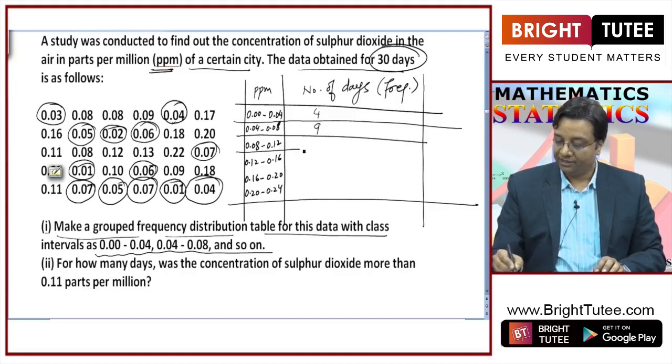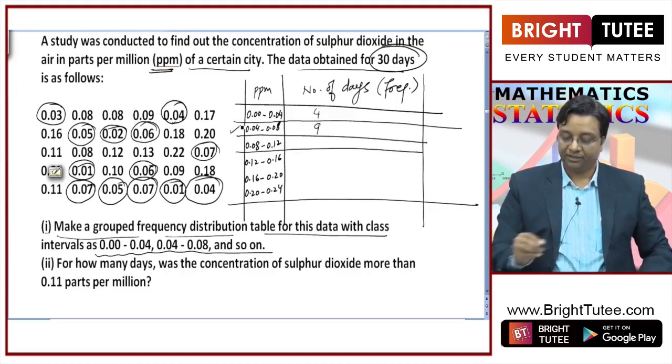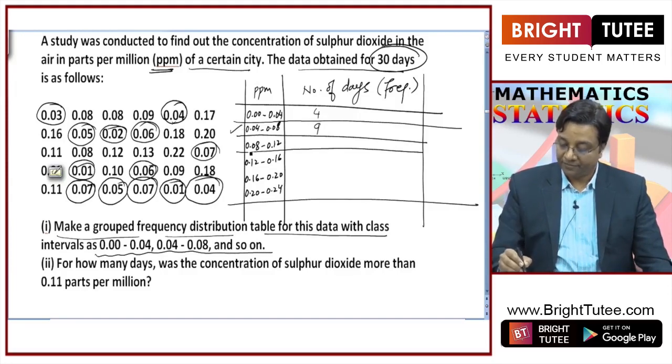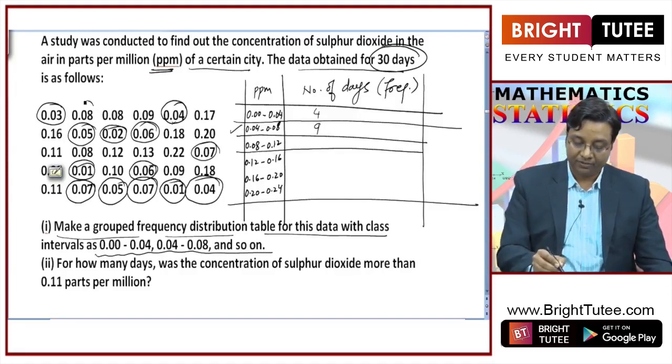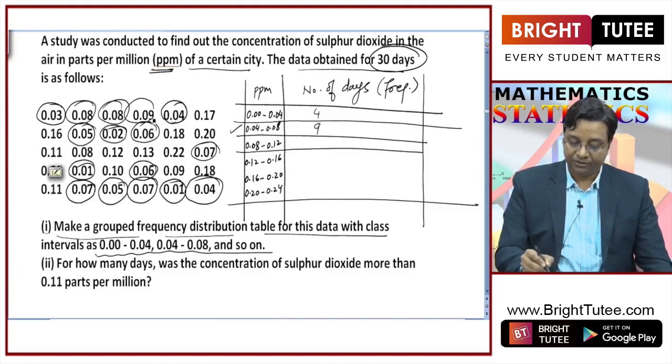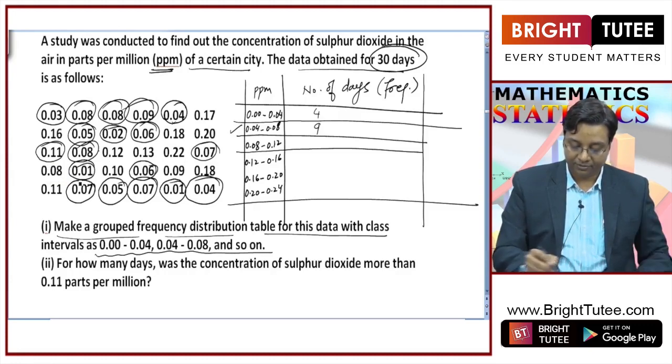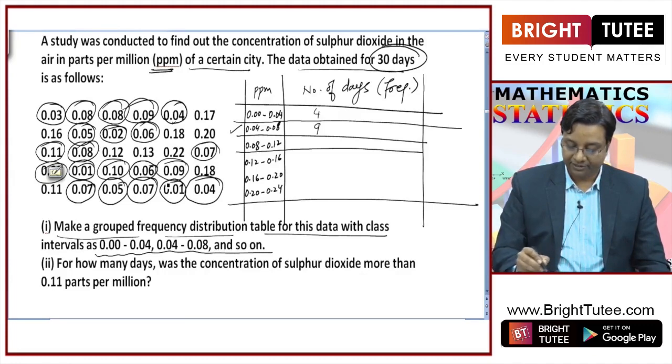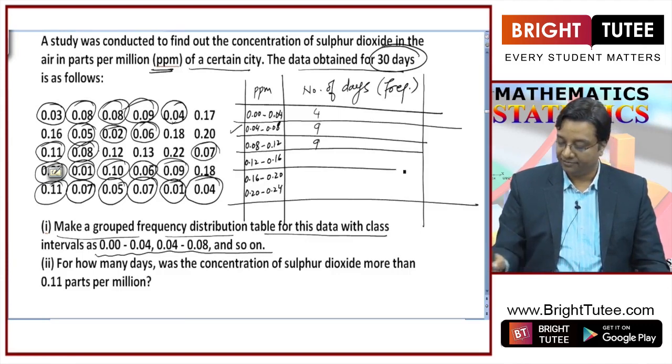So on 9 days the ppm was between 0.04 to 0.08. Now 0.08 to 0.12. So 1, 2, 3, 4, 5, 6, 7, 8, 9. 9 such days.